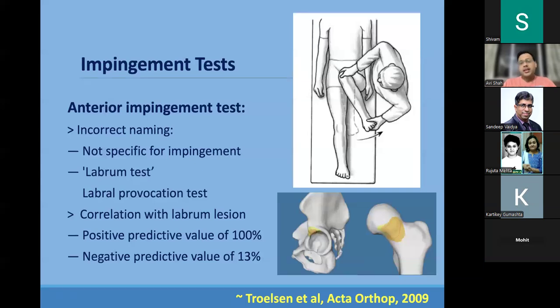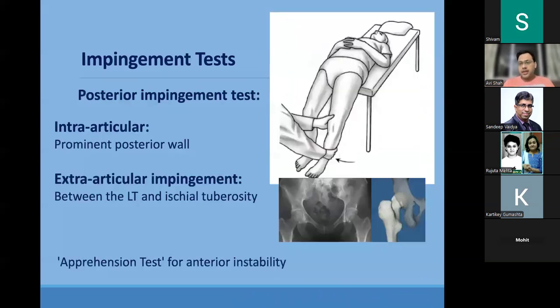That tells us that there could be a CAM FAI or another type of FAI, or it could just be a provocation of a labral tear. If there is a labral tear, as soon as the neck hits the labrum, it causes irritation and pain. So the correlation of this test with labral lesion is quite good. It has a positive predictive value of almost 100% if you have a labral lesion while doing this test, and a negative test is around 13%.